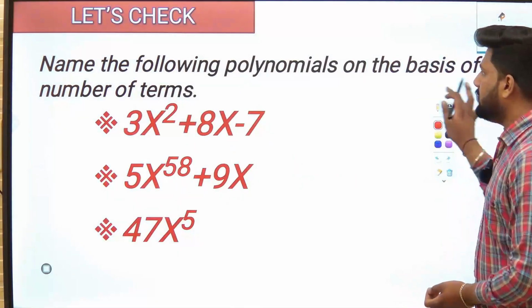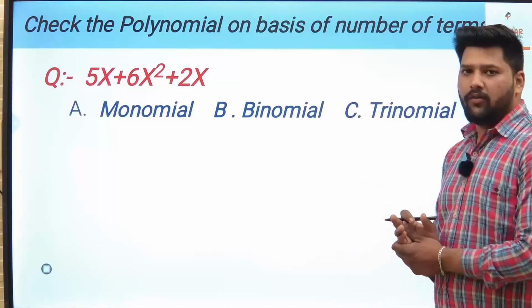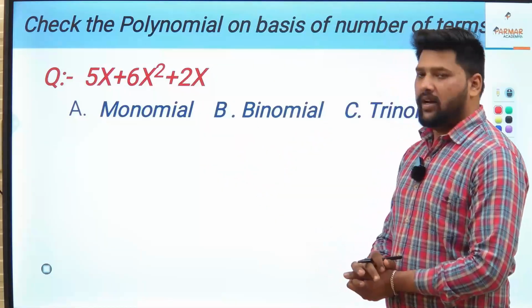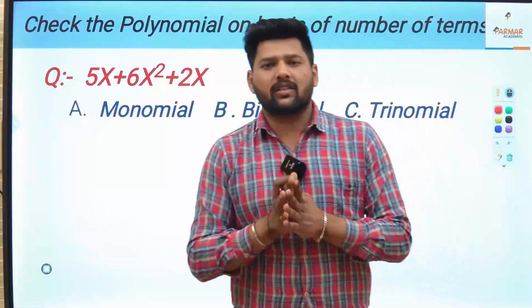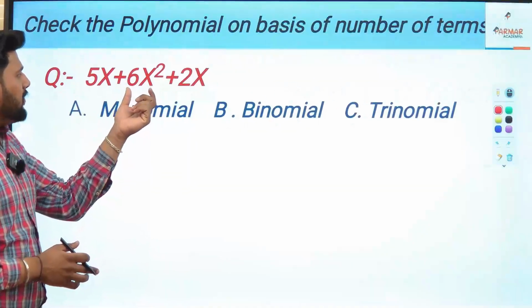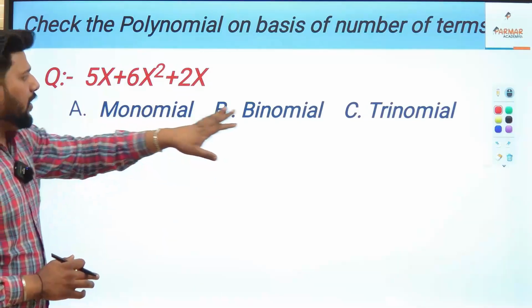The next one: here again we have to check the polynomial on the basis of number of terms. The question is 5x plus 6x square plus 2x. At first sight it looks like it has three terms, that is, the first term is 5x, the second term is 6x square, and the third term is 2x, and the answer seems to be trinomial.